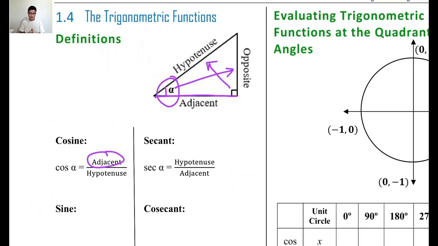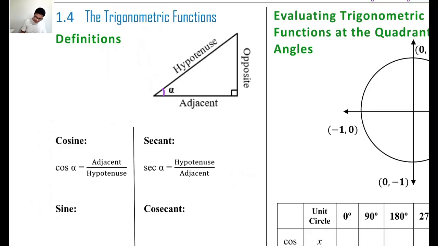Totally 6 ratios are obtained, and each one of them is a trigonometric function. As simple as that. Take a right triangle, divide one side by another side. You can get 6 different ratios, and those are the 6 trigonometric functions, and they are all given names.